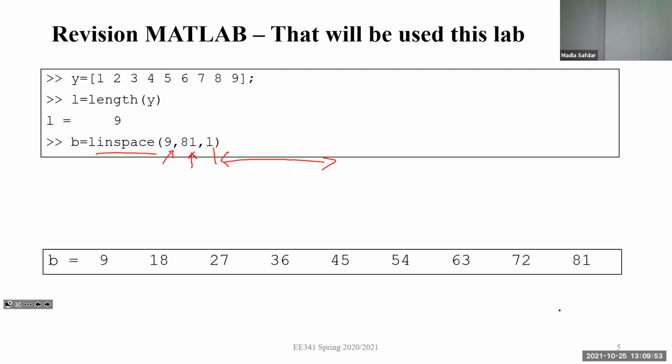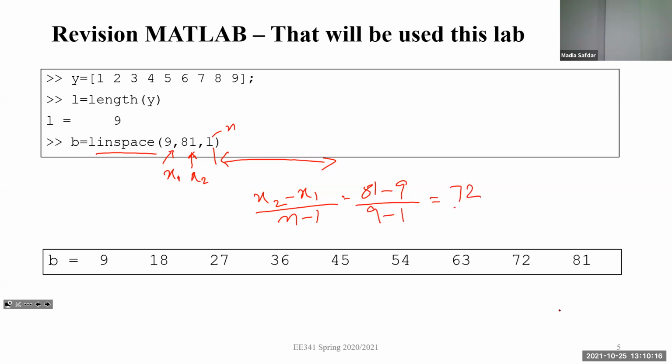In MATLAB, for example, this is x1, this is x2, and this is n, the number of samples. MATLAB will compute x2 minus x1 divided by n minus 1. In this case, x2 is 81 minus 9, divided by n minus 1, which is 9 minus 1.